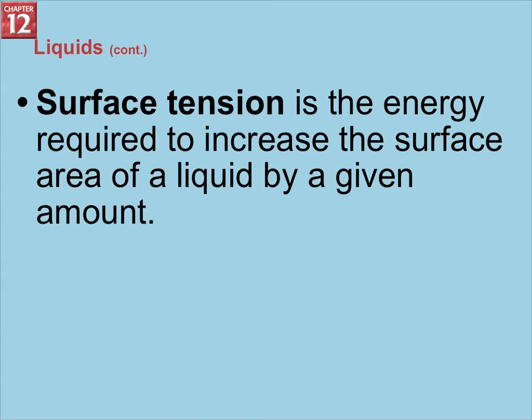Surface tension. When we're discussing water and hydrogen bonds, you can't get away from surface tension. That's one of the most interesting properties of water, its high surface tension. This is the energy required to increase the surface area of a liquid by a given amount. So surface tension can be seen when you see an insect sitting on water.